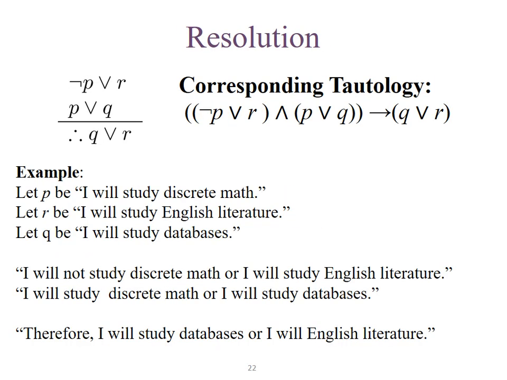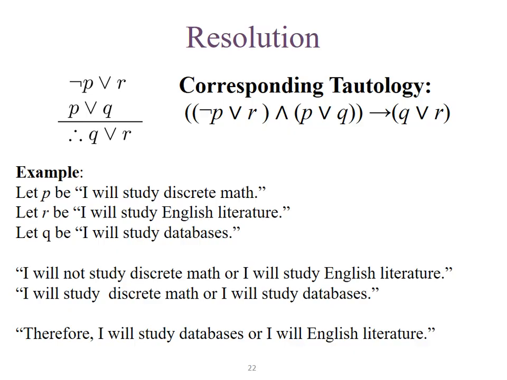Okay, last one, resolution. Resolution tells us: not P or R is true, P or Q is true, then Q or R is true. Okay, maybe we can verify this quickly.